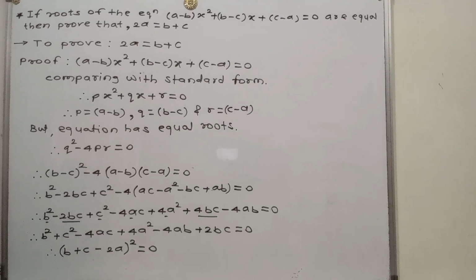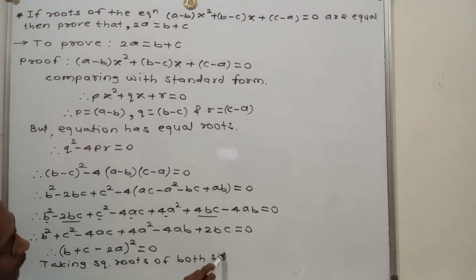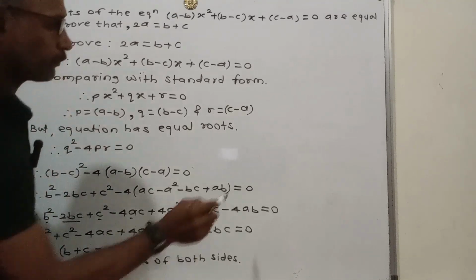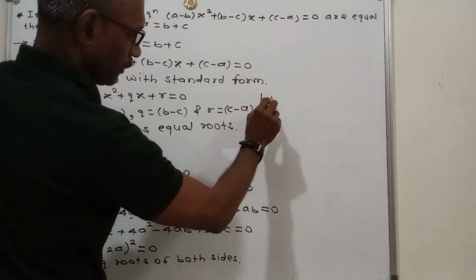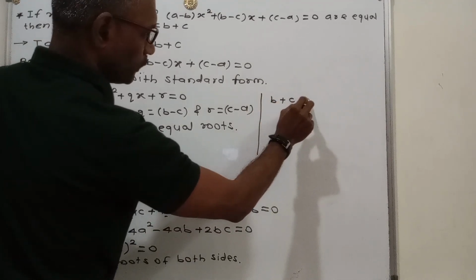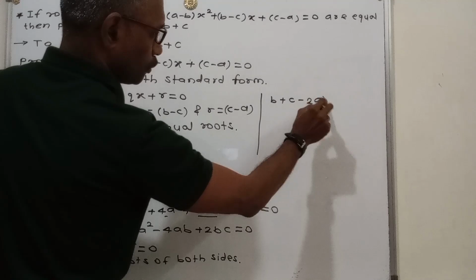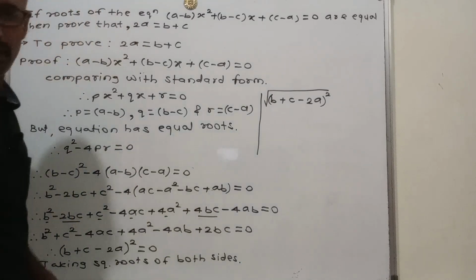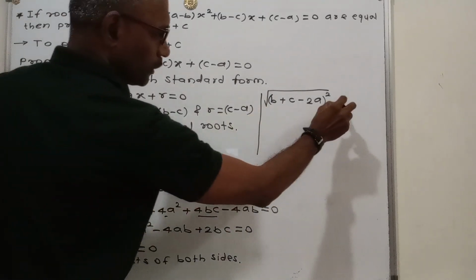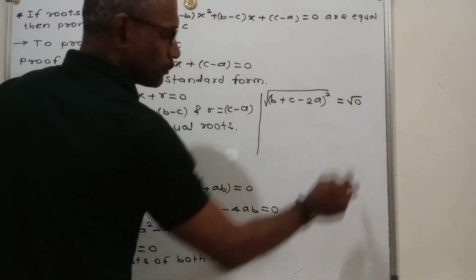Taking square roots of both sides. Therefore, the square root of (b + c − 2a)² is equal to the square root of 0.